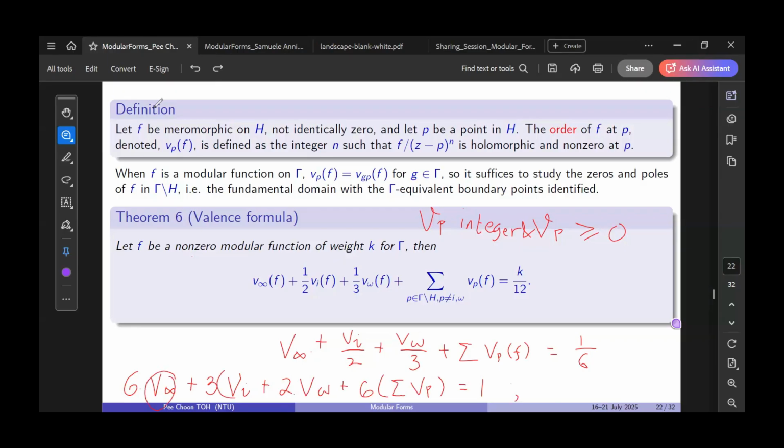If all of these are integers, there is no such thing, right?